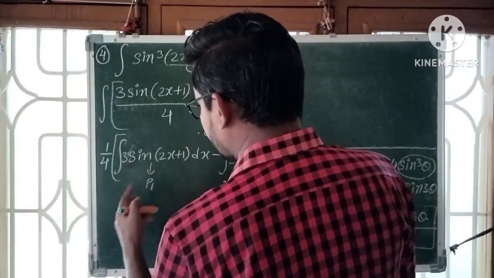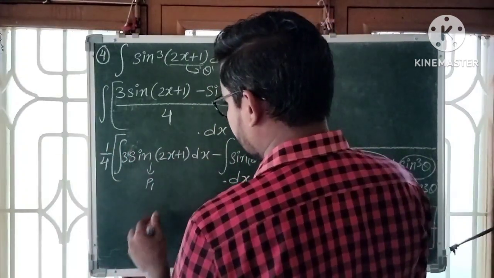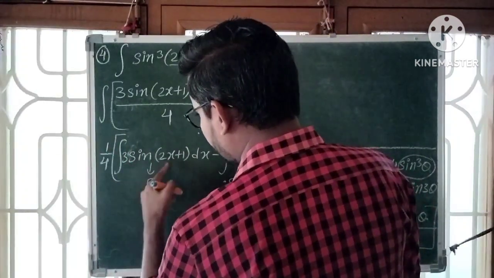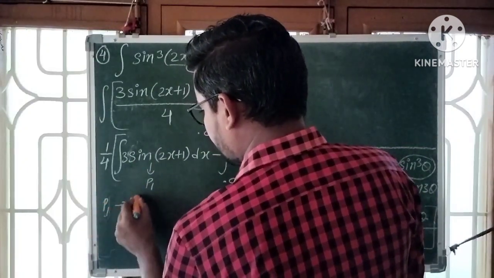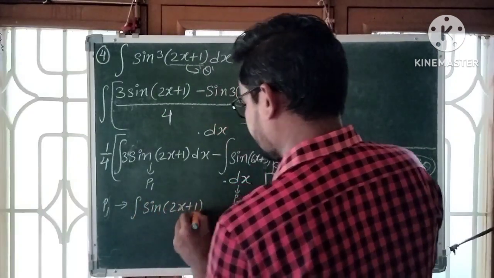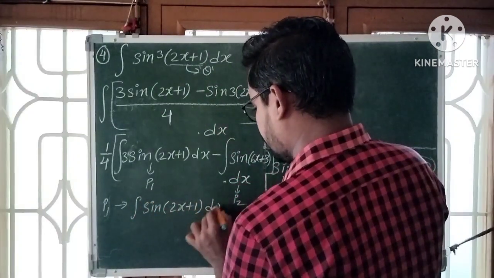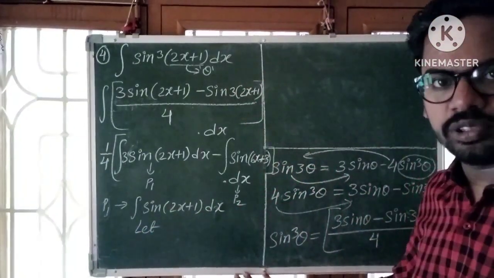For part 1, here 3 is a constant, so leave the 3, and we need the integration of sine (2x plus 1). Part 1: integral of sine (2x plus 1) dx. As usual, apply the substitution method.